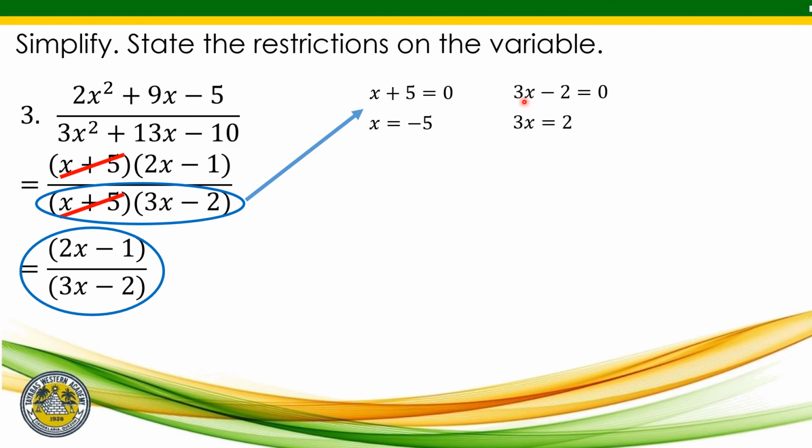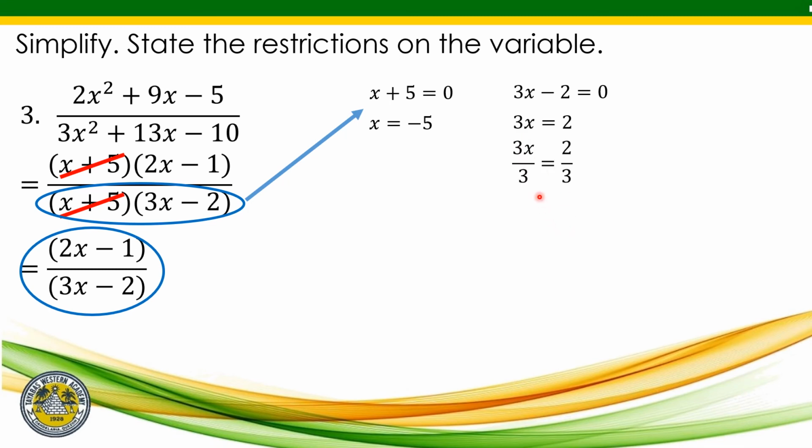Next, yung isa, 3x minus 2 is equal to 0. So, 3x is equal to positive 2. Yung negative 2, nilipat natin sa kabila. Okay, kaya siya naging positive. Then, x lang yung hinahanap natin, variable lang hinahanap. May katabi siyang 3. So, pag may katabing number, i-divide natin kung ano yung katabi niya, which is 3.